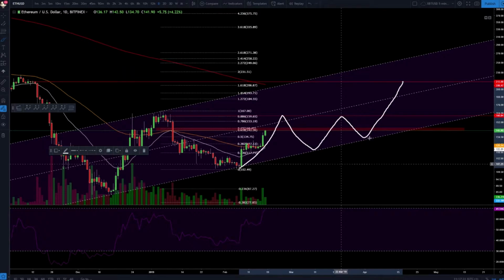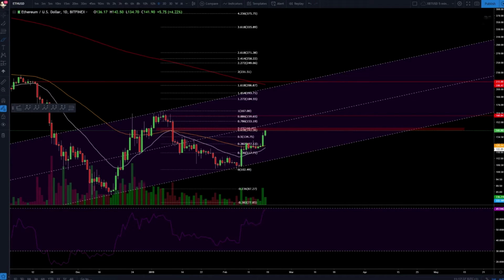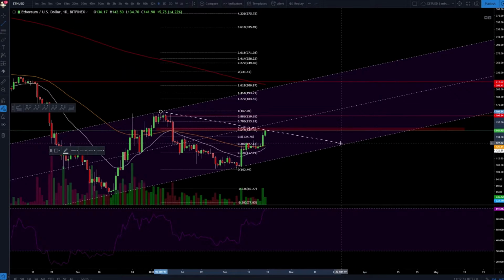It could do that as well, and we need to be aware of that. But I don't believe that we will stop our rally right here, right now, because this is the 0.618, but that would make a very weird picture that you don't often see. It could happen.